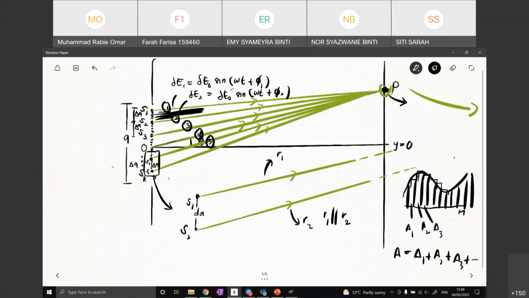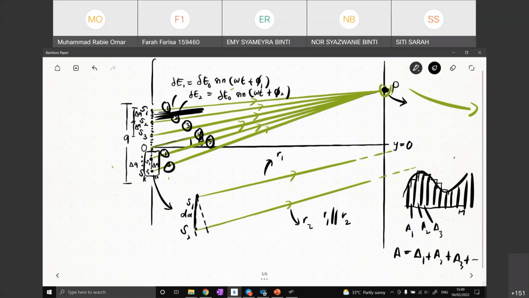And then if I draw another line, maybe I put my dA over here. So this is my dA. And then if I extend my drawing, if I draw a line from here to here, you can see that the distance from here to here is my path difference between ray number 1 here and ray number 2 here.